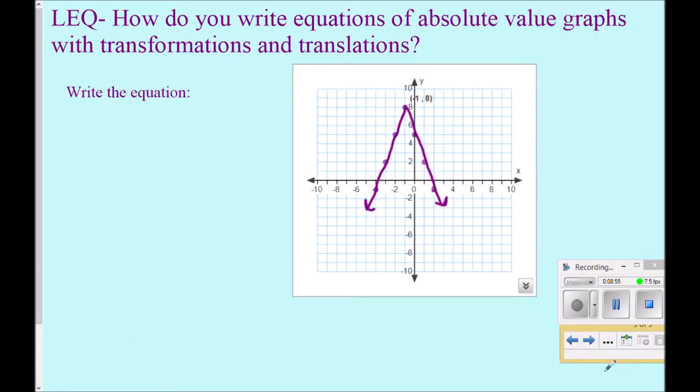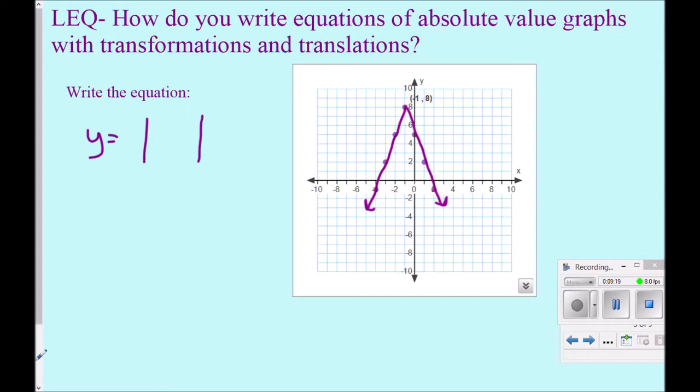Okay, let's try another one. So this one, again, you want to get that plotted in your notebook. This one has a vertex at negative 1, 8. And some of these other points here we'll use to count the rise and the run. So first we'll start with the equation, leaving a little bit of space for the a.